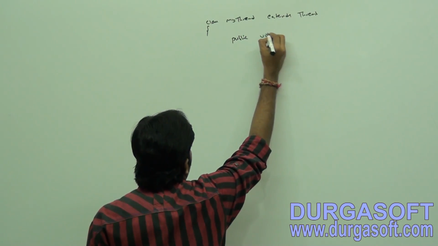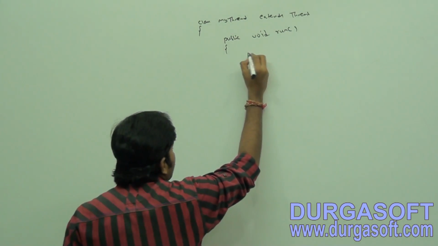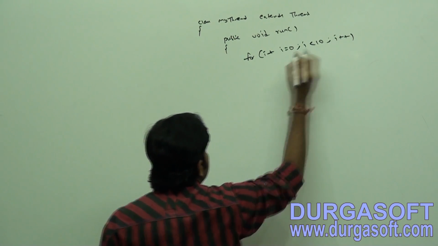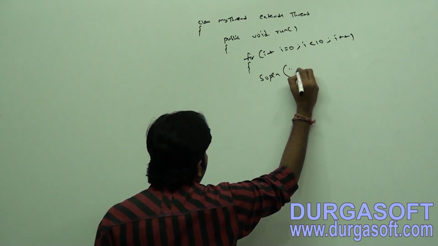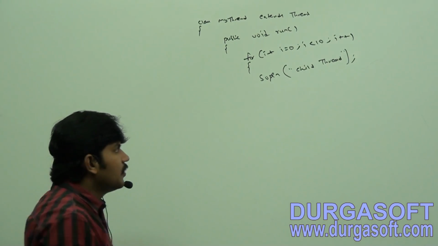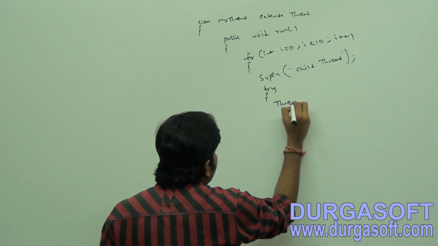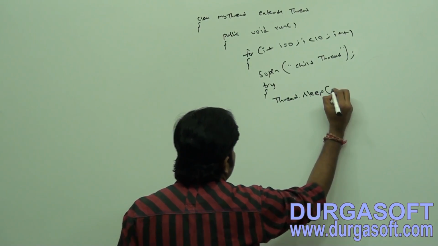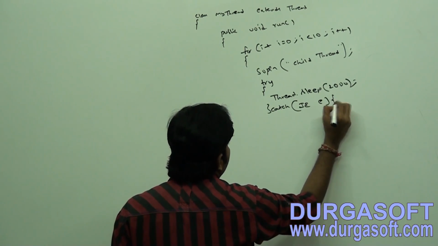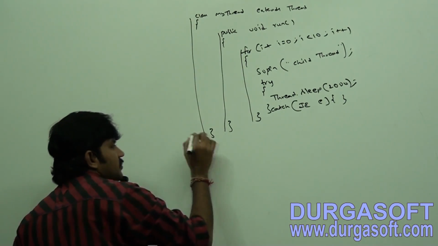Public void run method: for (int i = 0; i < 10; i++) { System.out.println("child thread"); try { Thread.sleep(2000); } catch (InterruptedException e) {} }. End of the for loop, end of the run method, end of the class. Are you getting it?